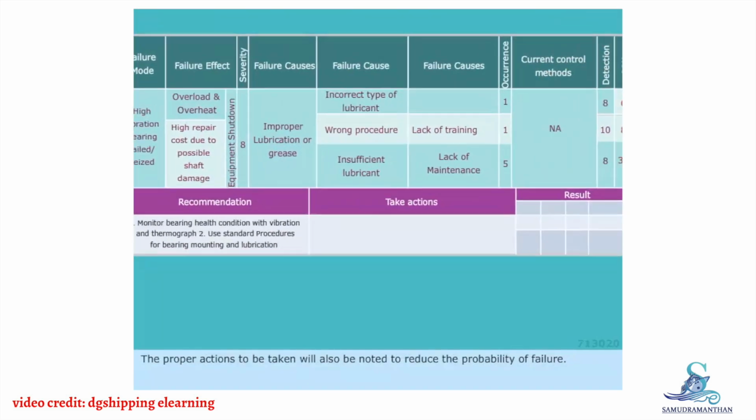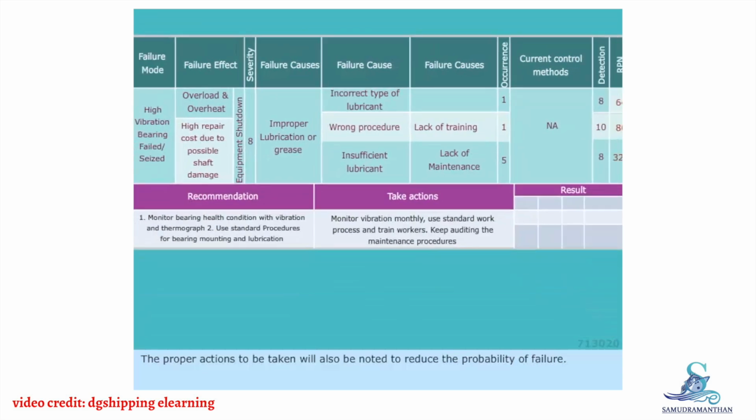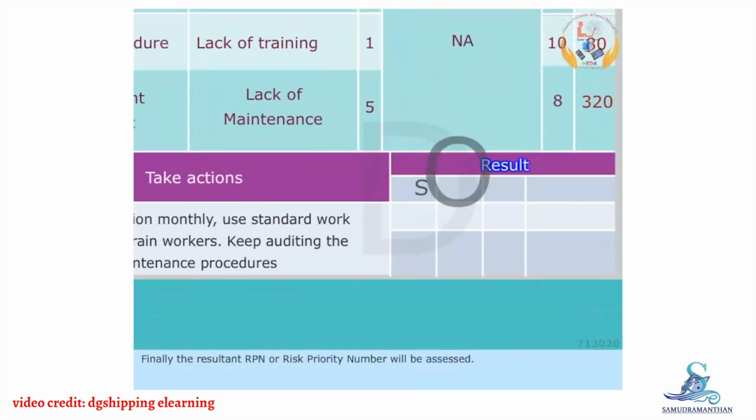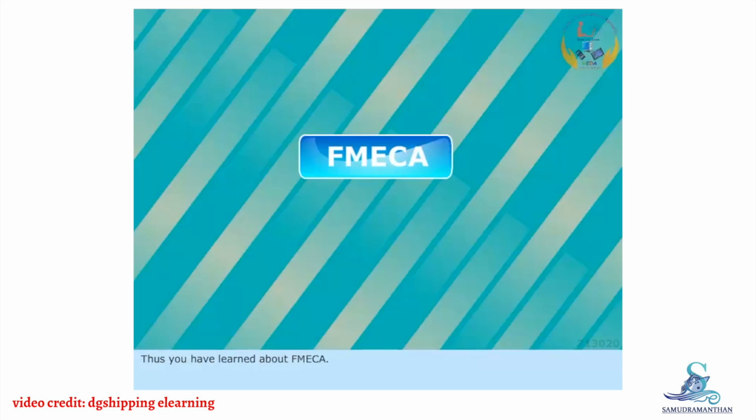The proper actions to be taken will also be noted to reduce the probability of failure. Finally, the resultant RPN or risk priority number will be assessed. Thus, you have learned about FMECA.